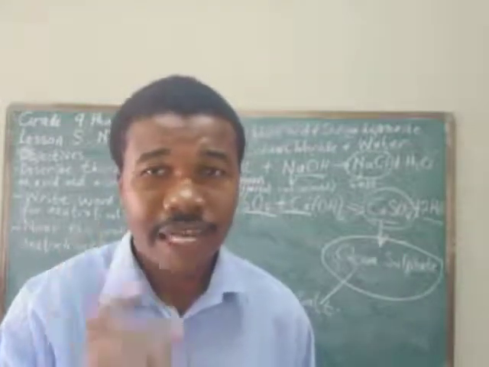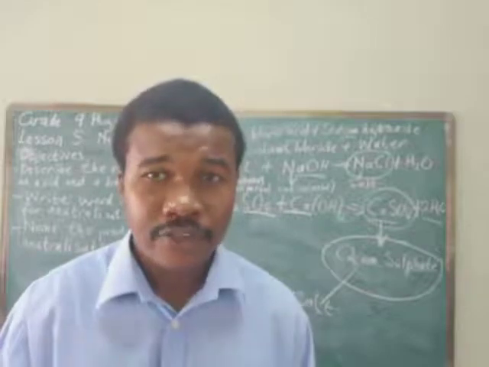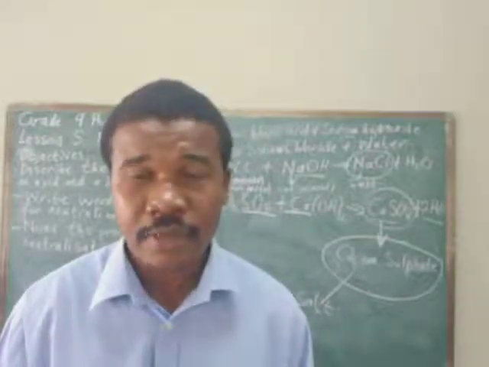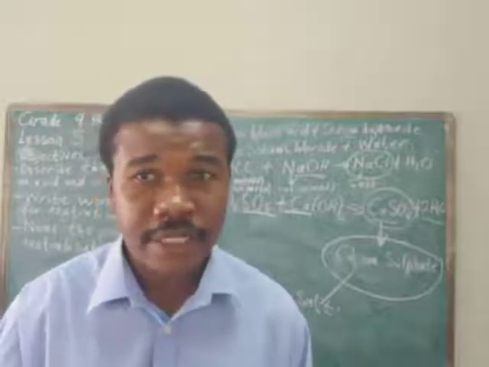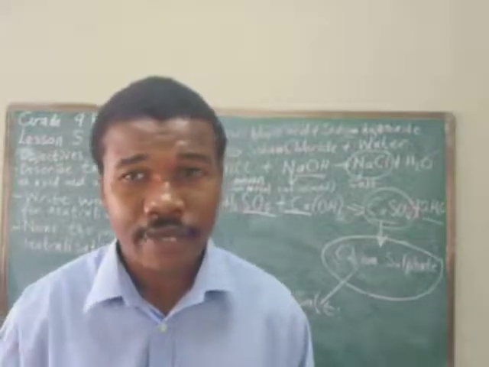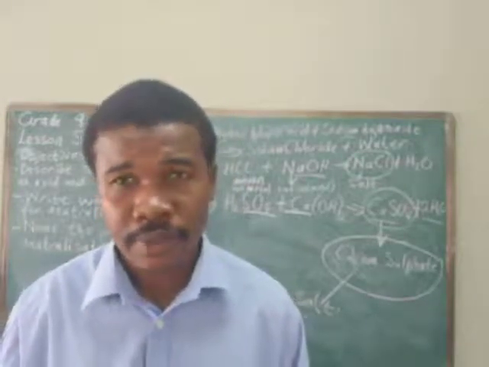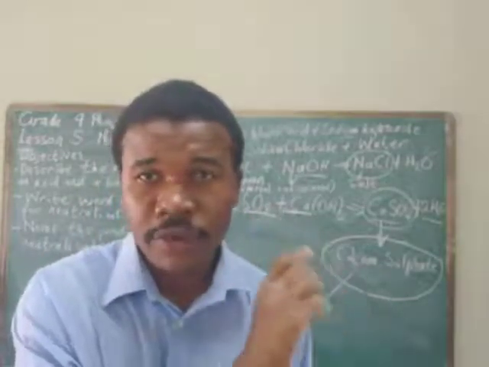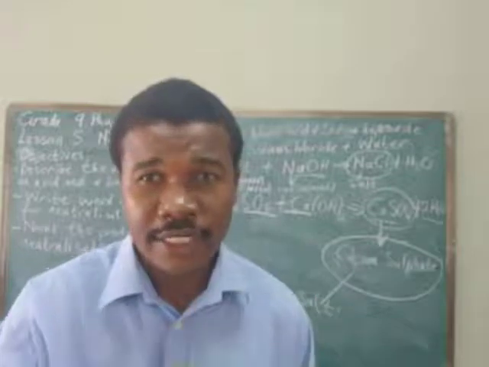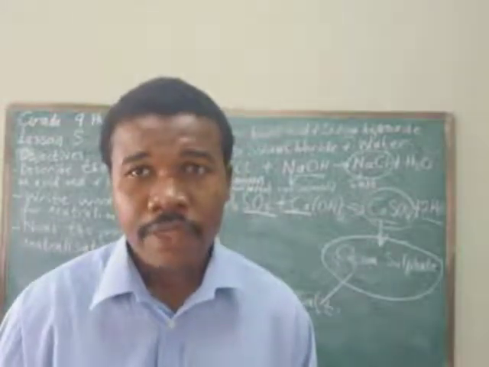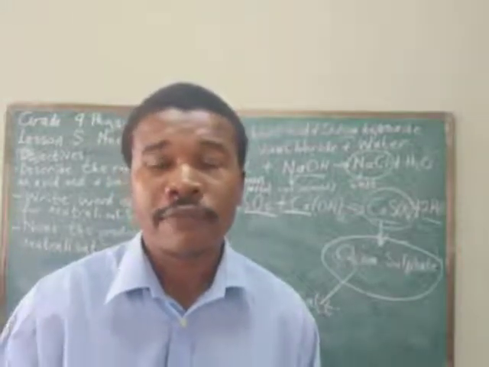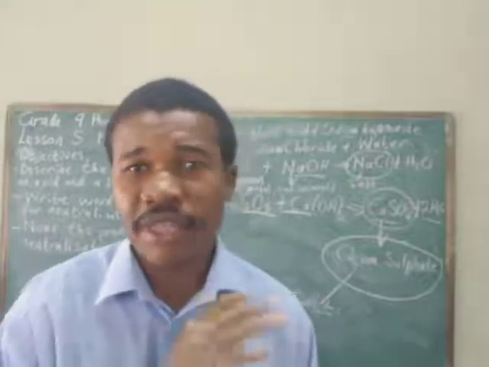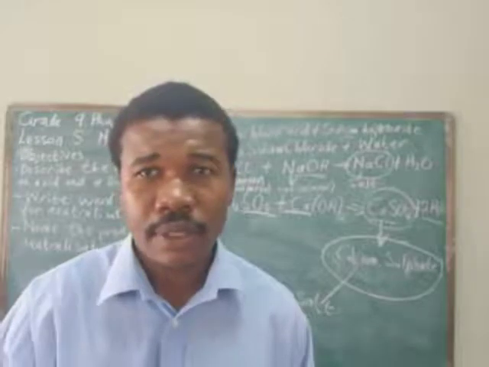I'll also need you to tell me, if you have nitric acid to produce calcium nitrate plus water, which base would you have reacted your nitric acid with? Then also, if you have magnesium hydroxide as the base, I'm not going to write these things on the board.